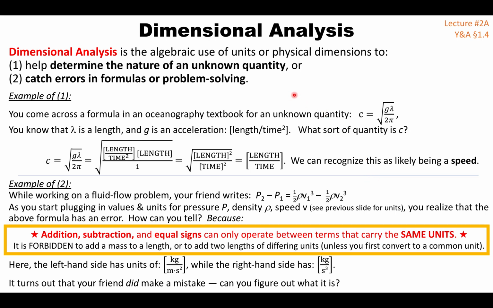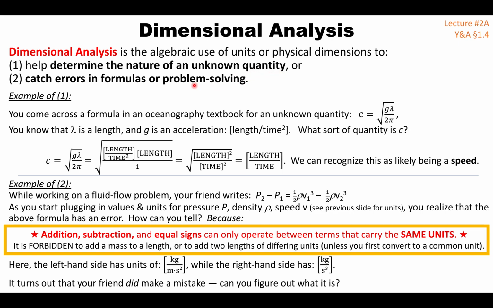We can take either units or the words for the physical dimensions, like length, time, mass, and use them in algebraic equations to perform what's called dimensional analysis. This is useful for a couple of things. One is, if we encounter a mathematical expression, a formula, for some quantity that we don't really know, we can use dimensional analysis to try to figure out what that quantity might be.